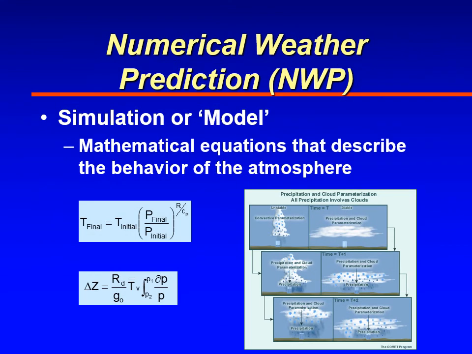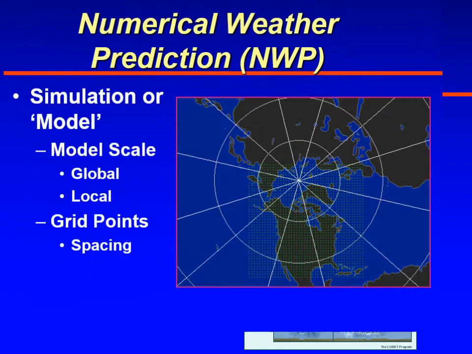Numerical weather prediction came about in the early 1950s with the advent of computers. What numerical weather prediction is, it's a simulation of the atmosphere. We have mathematical equations that describe how our atmosphere changes, and using those equations, we can time step those equations into the future to have a model of what our atmosphere will look like in the future.